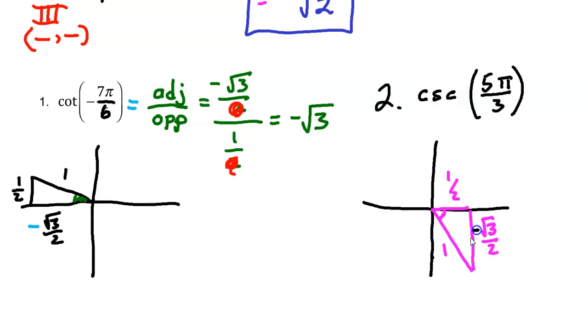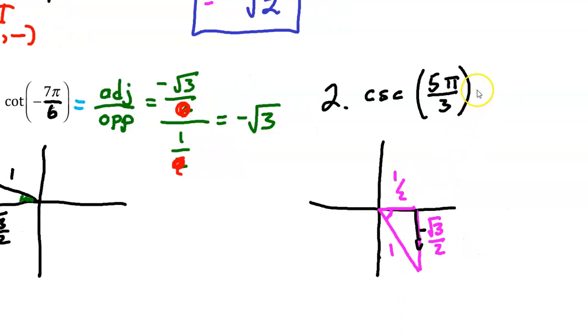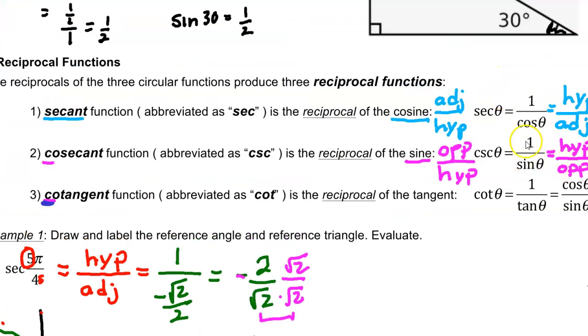Wrong. Yep. So the rise, this is going down, right? So I know this is a negative root 3 over 2. Always check those signs. Okay, now we're ready to do cosecant. Right, which is going to be, check your notes, cosecant, hypotenuse over opposite.